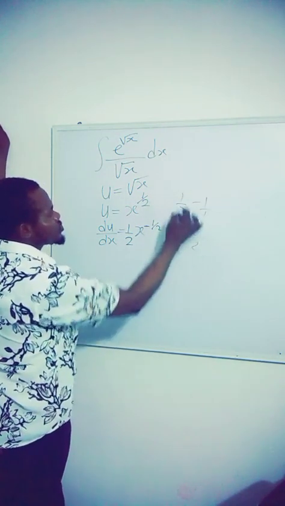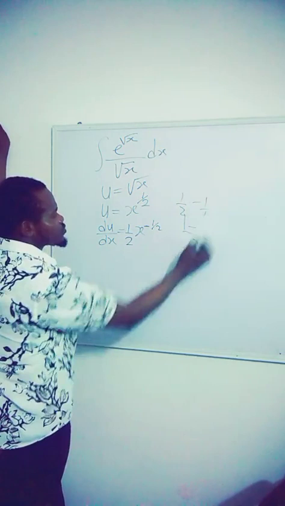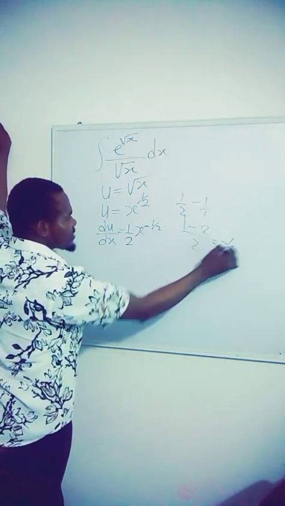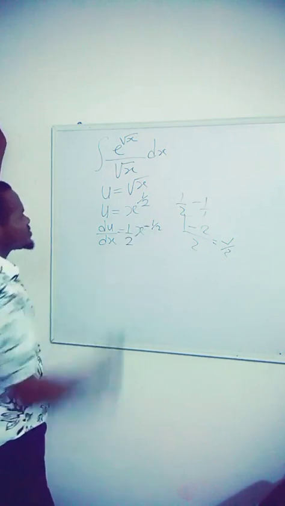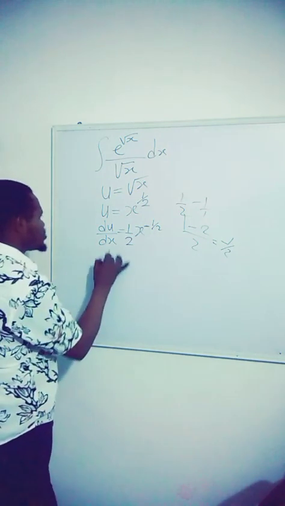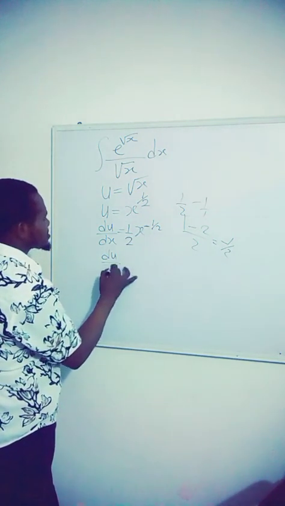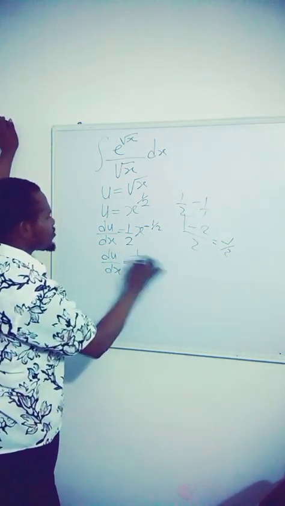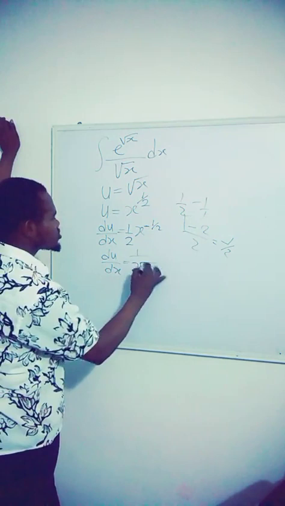LCM 2, that is minus 1 over 2. So I hope you believe me with this. So we can now say du over dx is the same thing as 1 over 2 root x.